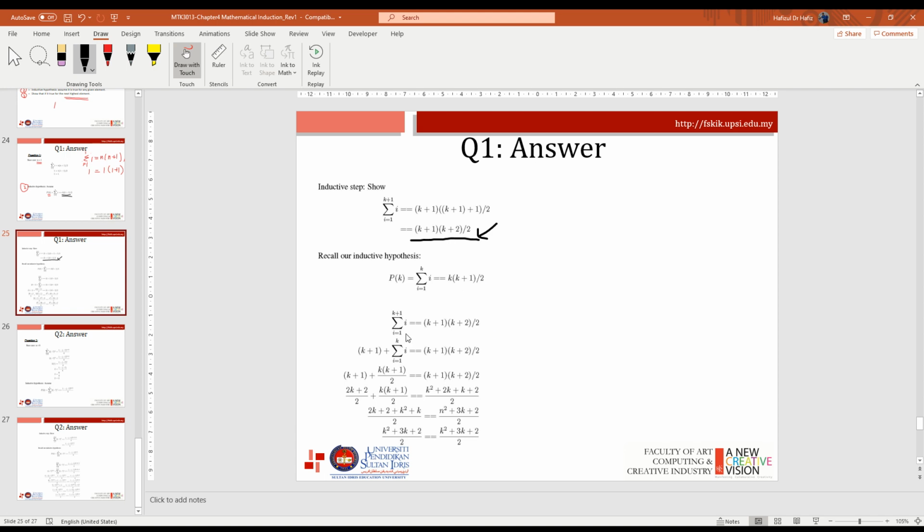You recall that, and then for this one K plus 1, here we replace K plus 1, and then K plus 1 plus K(K+1) divided by 2. Here it is K(K+1) divided by 2. And then we can have the same here. So it is true.